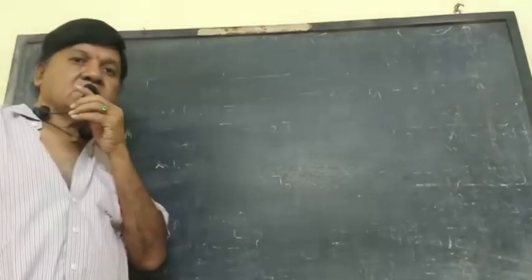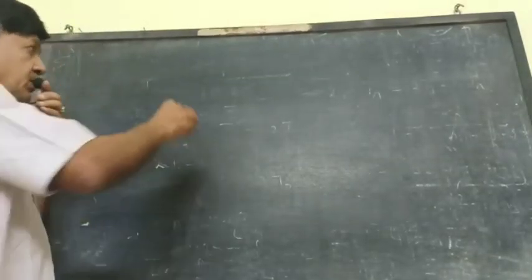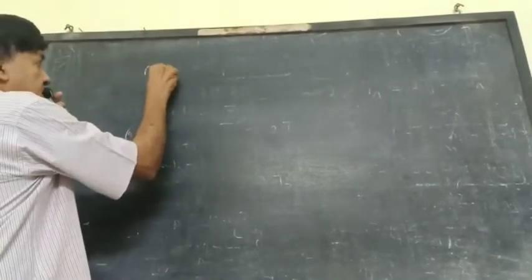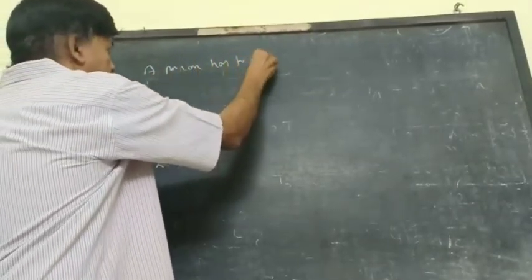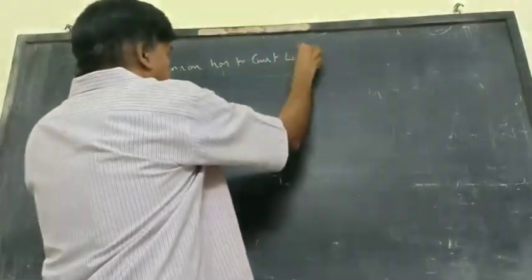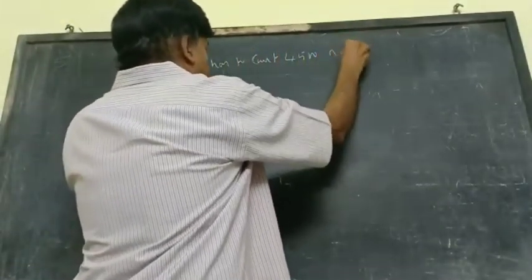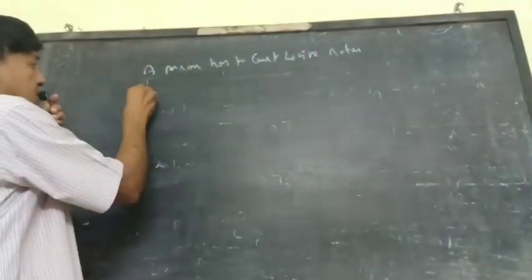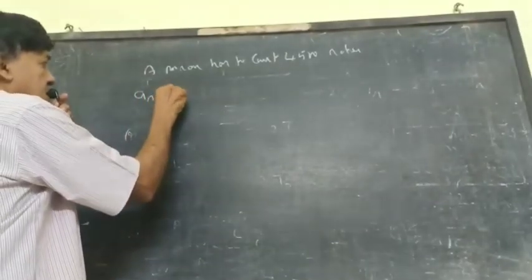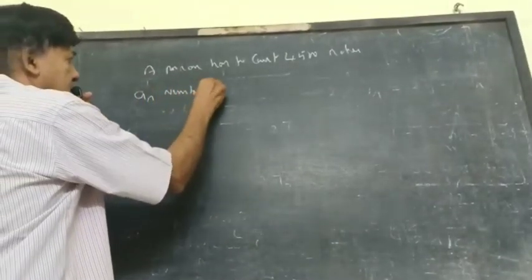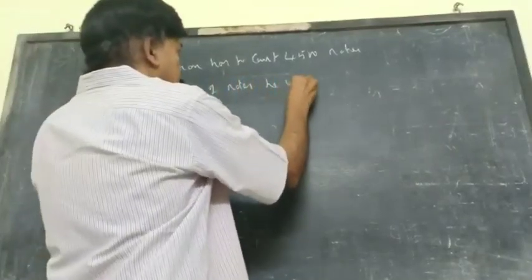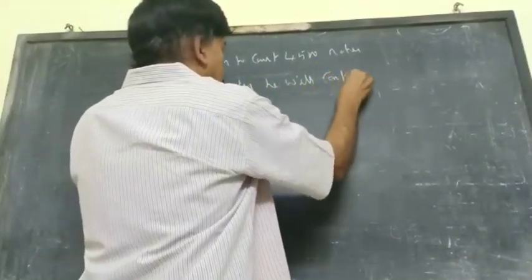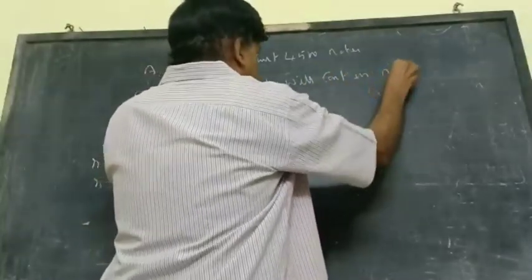Today's first question is: a person has to count 4,500 notes. AN is the number of notes he will count in the nth minute.